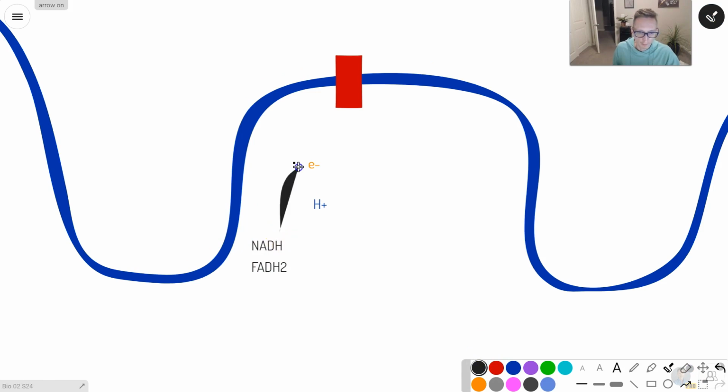I don't care that you know how many you get from each and what they become. It doesn't matter. These things are recycled. You're not going to remember it anyway. It's okay. We got electrons and protons coming off of these things, and they come off of both, actually. So let me draw it like this, to make it a little more clear.